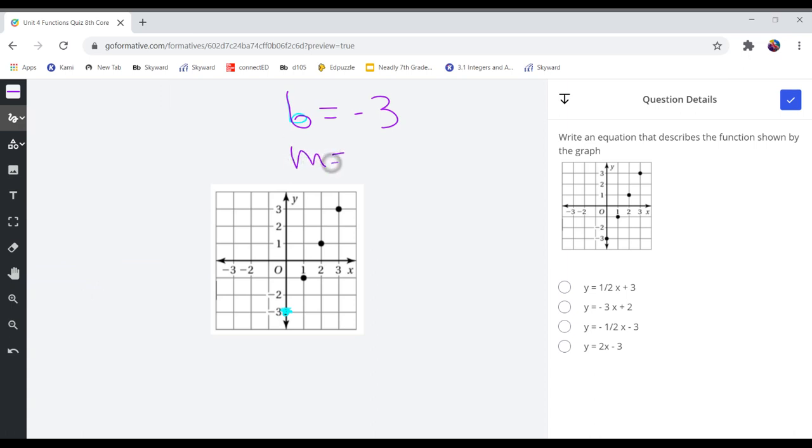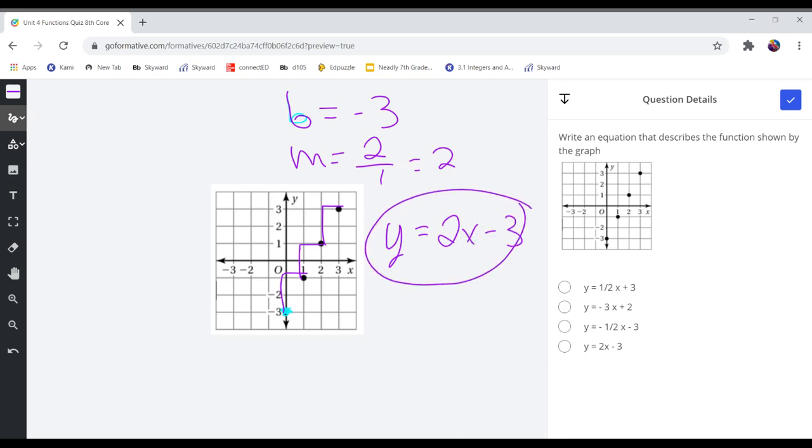Then we need to find the slope. So I go up 2 to the right 1. So that's 2 divided by 1, which is 2. And I could check it again, up 2 to the right 1, up 2 to the right 1. So yes, my slope is 2. So that becomes y equals 2x minus 3, which is my last option.